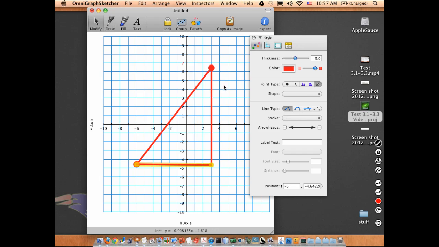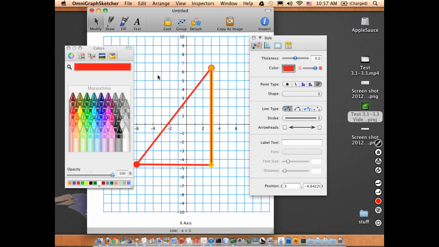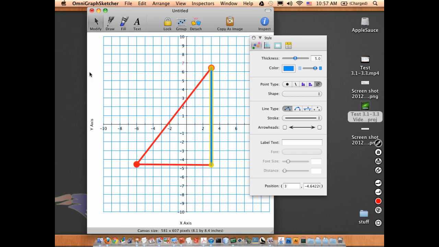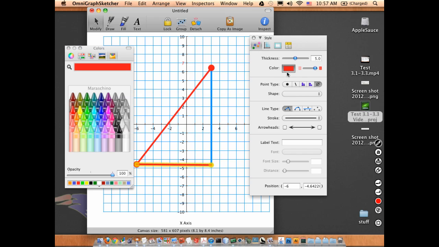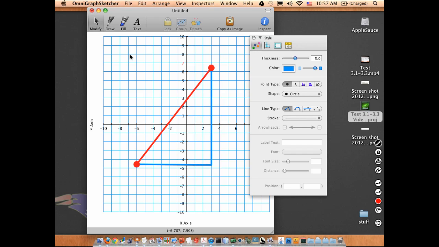So this right here would have a negative rise, and this right here would have a negative run. How does that turn out to be positive? Two negatives divided gives a positive. So that's why the slope is still positive right there. Okay?